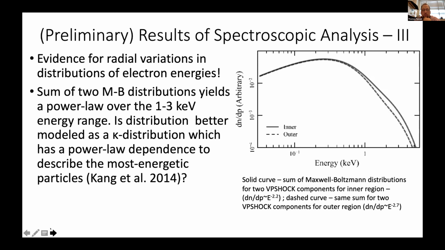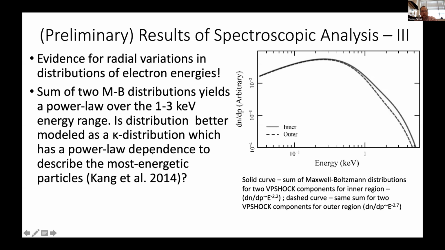So it would show here that if we're trying to fit these spectra using a combination of two Maxwell-Boltzmann velocity distributions, what we believe we're finding evidence for is that the distribution is better described with what's called a kappa distribution, which is an alternative to the Maxwell-Boltzmann velocity distribution.